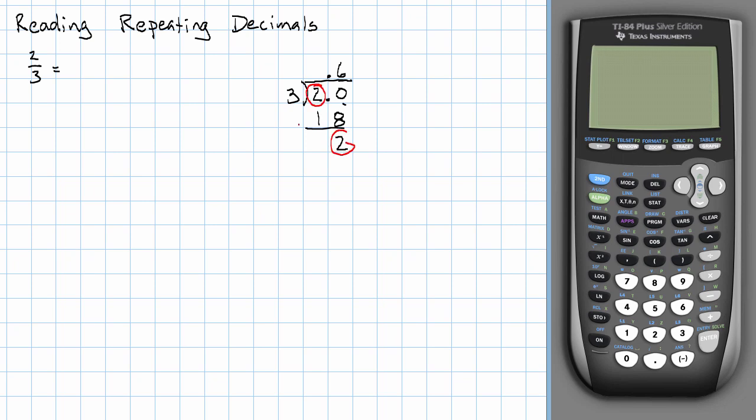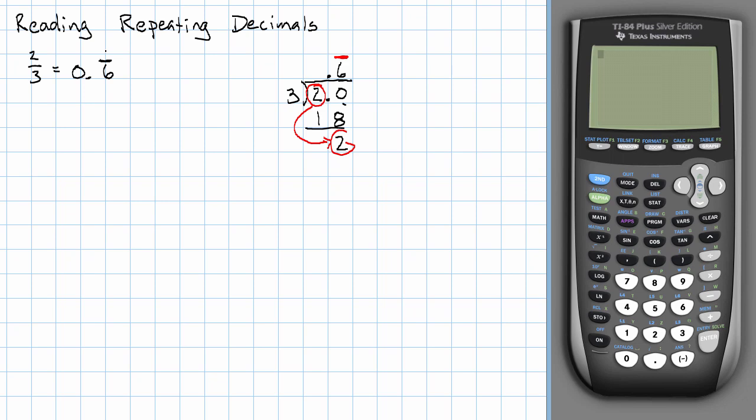And now we see that this remainder 2 repeats, so the digit 6 will repeat. 2/3 is 0.6, with the 6 repeating forever.